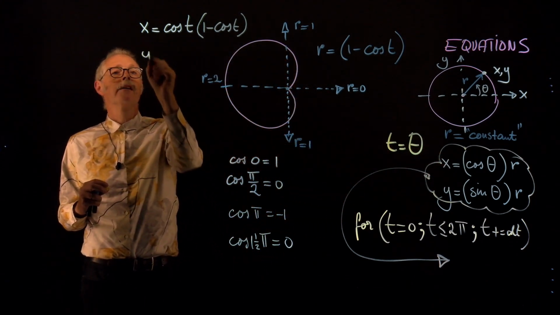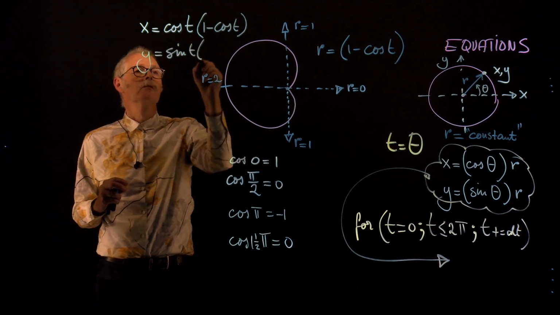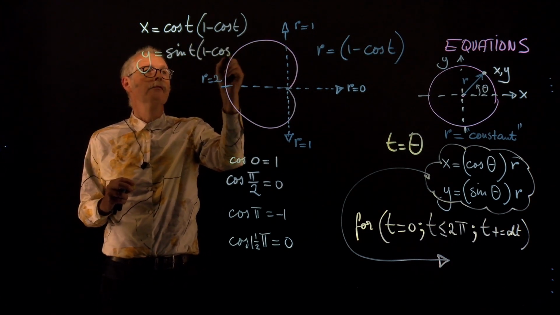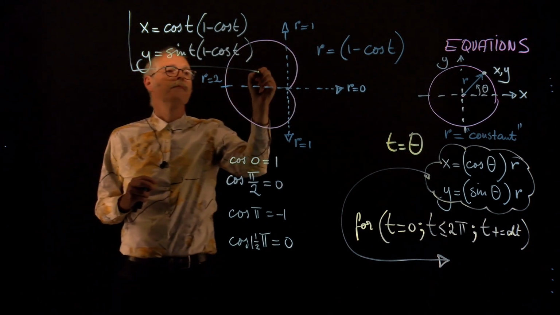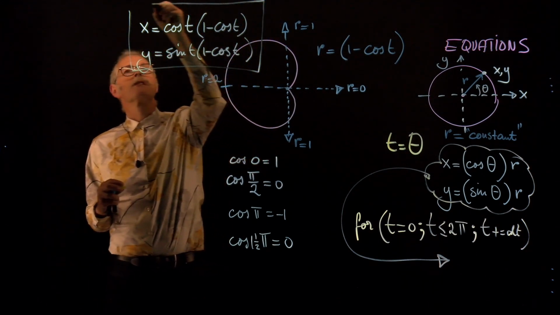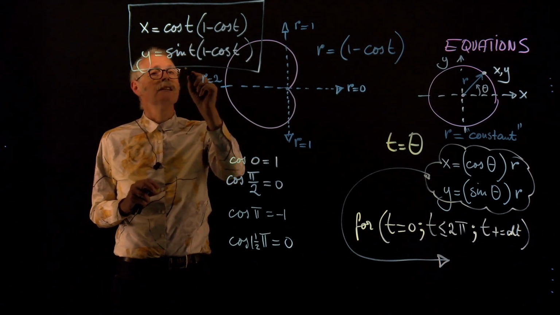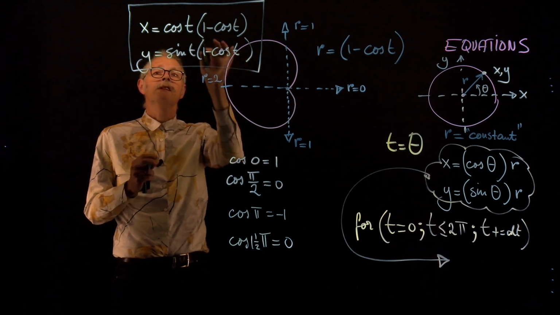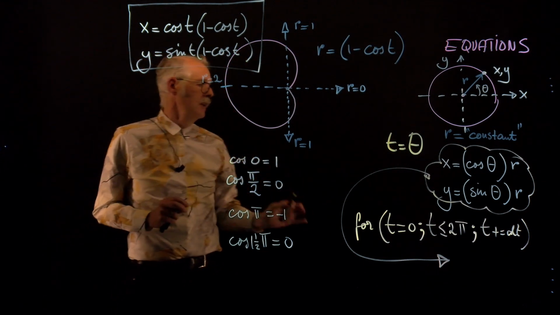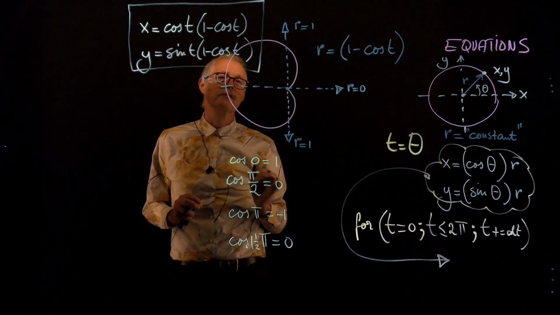And y equals the sine of t times 1 minus the cosine of t. And these two equations together, they describe the cardioid, and it's a parametric equation, so the t is the parameter, and whenever I fill in the value of t, I get an x and a y, so the same for loop will draw a cardioid now.